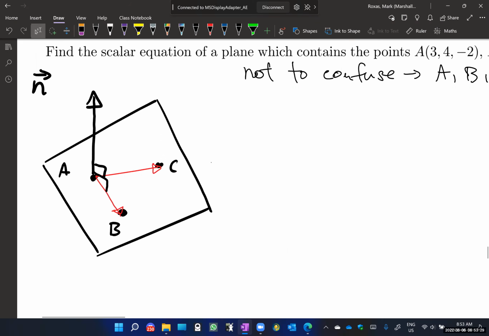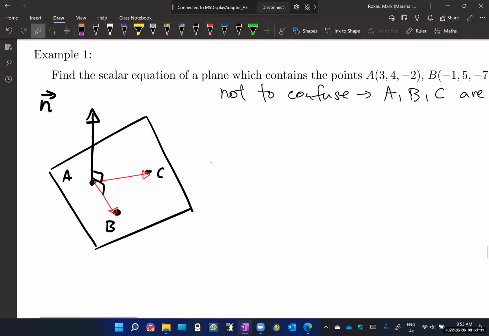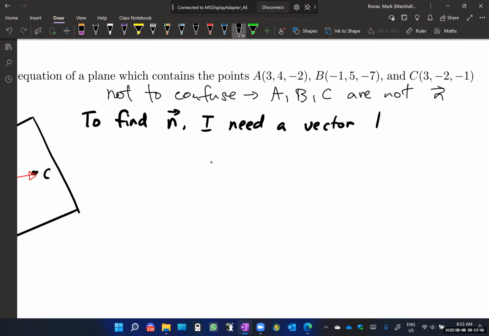So what tool do we use to do that? Cross product. So here we're going to find n. I need a vector that is 90 degrees to my plane's direction vectors.